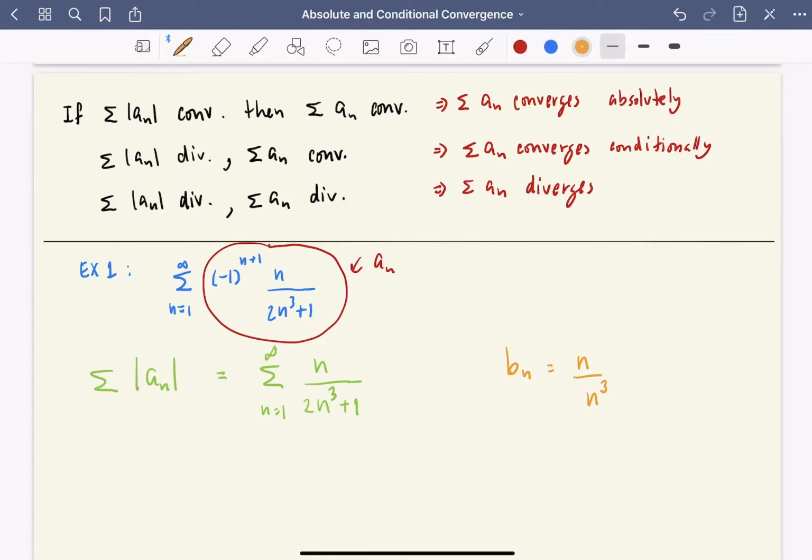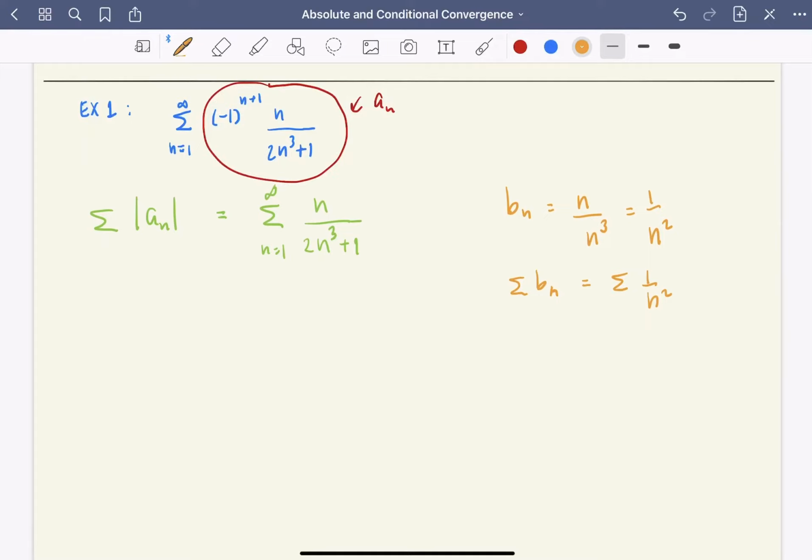Okay, so your bn is 1 over n squared, and the summation of bn is the summation of 1 over n squared. Does it converge or diverge? This converges by the p-series with p equal to 2, which is greater than 1.